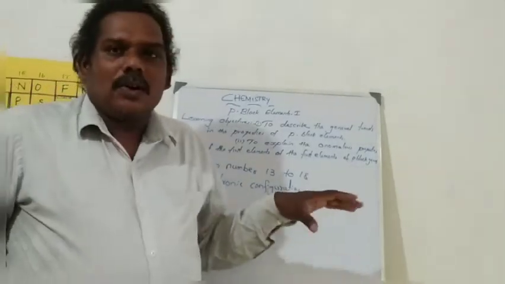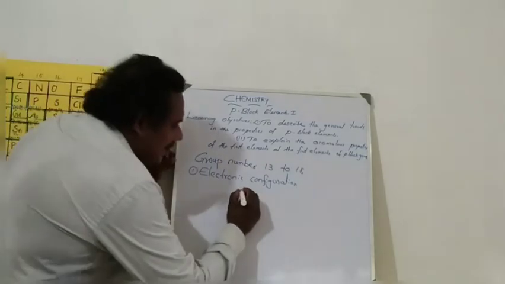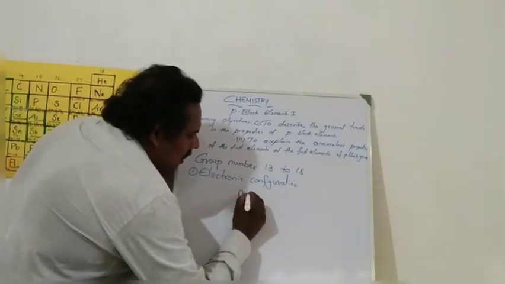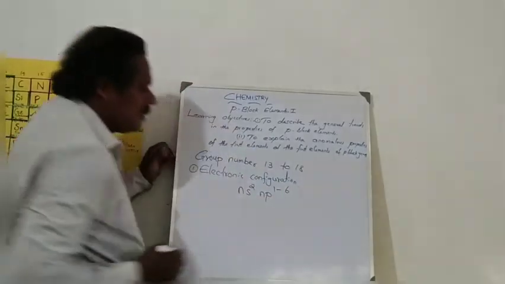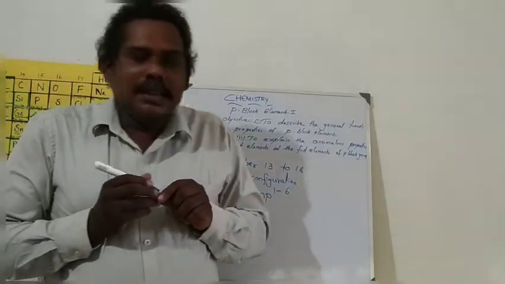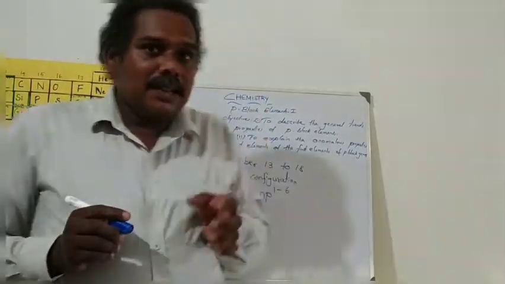The electronic configuration of P block element has the general formula ns2 np1 to 6. This is the common electronic configuration of P block element.